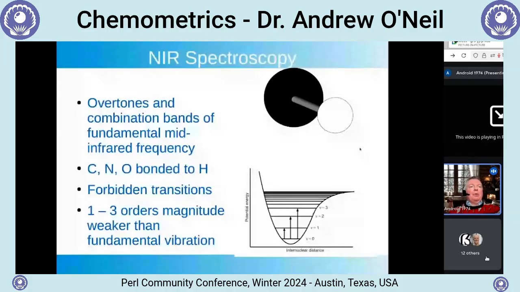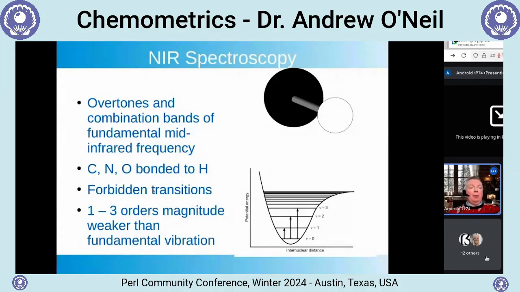So near-infrared spectroscopy, it's vibrational spectroscopy. It looks at the vibrations of bonds in molecules that typically contain a hydrogen atom, a light hydrogen atom bonded to either an oxygen, nitrogen, or carbon atom. The transitions go from the vibrational ground state up to the first and second overtones.